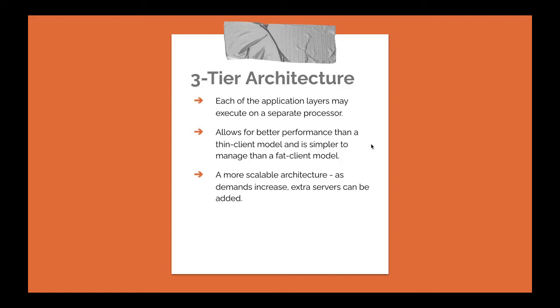Understanding the 3-tier architecture a bit more, there will be 3 layers: the application layer, which is nothing but the UI, then a business layer which will have the logic, and then a database at the backend. So those are the 3 tiers basically. Each of these layers will be executed on a different processor. This helps us give better performance because the client is separate, and it's easier to manage.